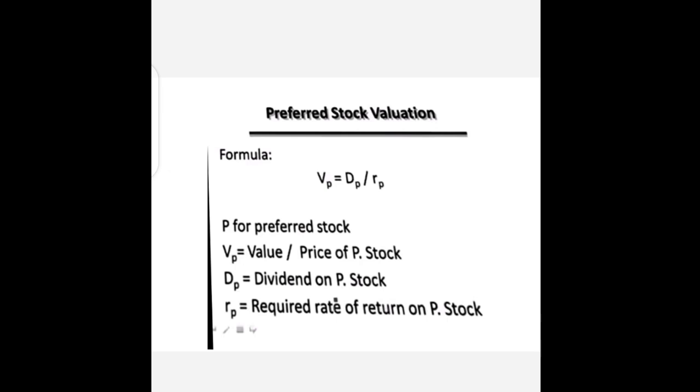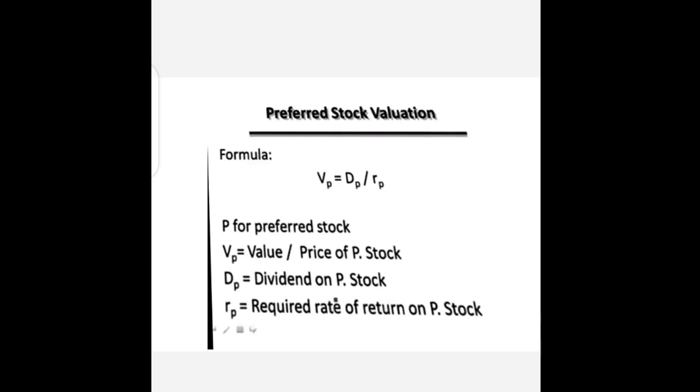So how do we value preferred stock? There is a formula for preferred stock, as it does not provide any growth in the stock. That's why we use the zero growth stock valuation formula. We will discuss the zero growth formula in common stock valuation.